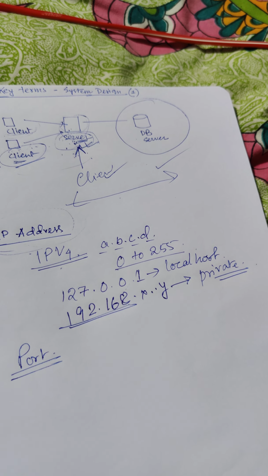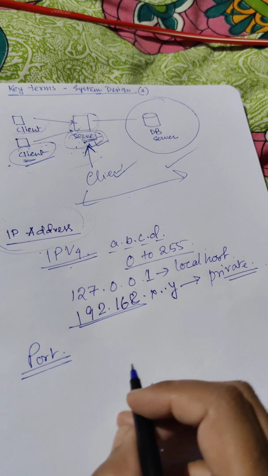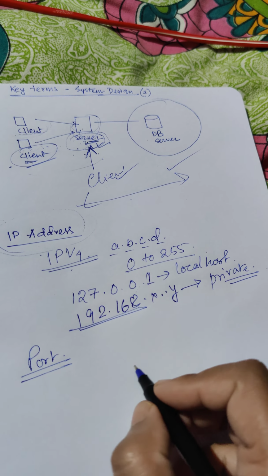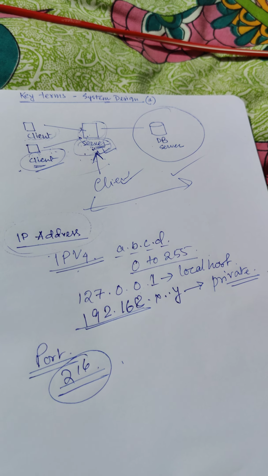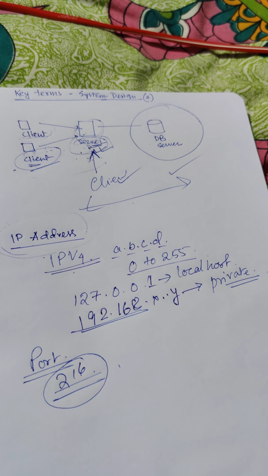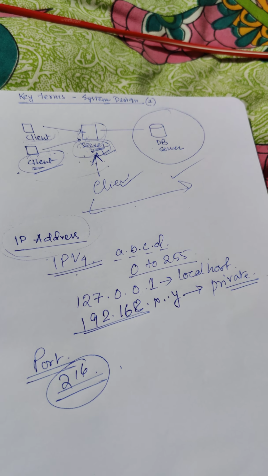This port number has a range, and the total number of ports is 2 to the power 16. In terms of range, it is 0 to 65535. So that is the range of a port.